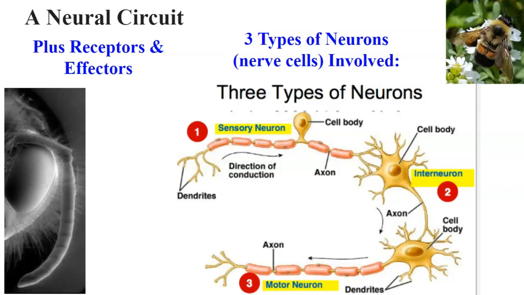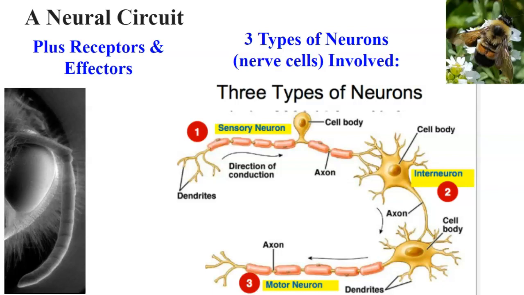So for example, a sense organ on the Rusty Patch Bumblebee would be its antenna. Its antenna would be taking smells and or tastes from the air. So as I said, the antenna is a receptor taking in information about smells in the air that might indicate food, for example.